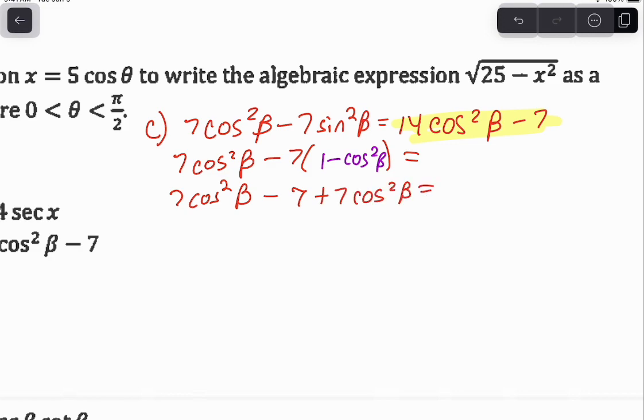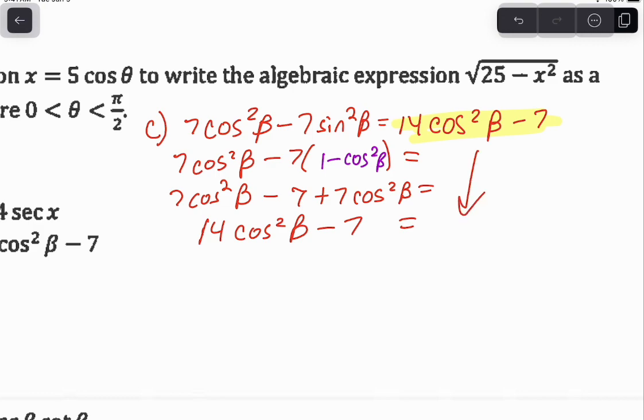Now at this point, do you notice anything that can be combined because they're like terms? The 7 cosine squareds, right? Yep. They both are the same term, so 7 plus 7 is the 14 I was searching for. And I got a perfect match, I'm done.